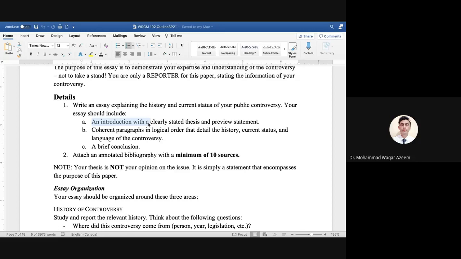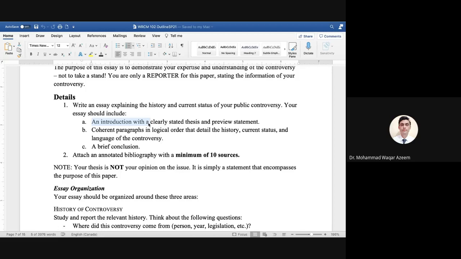So you might say in the introduction part that when this bill or this amendment was approved by the parliament, the commentators or the analysts started to argue whether in a country like Pakistan, the regional autonomy will work out or not.